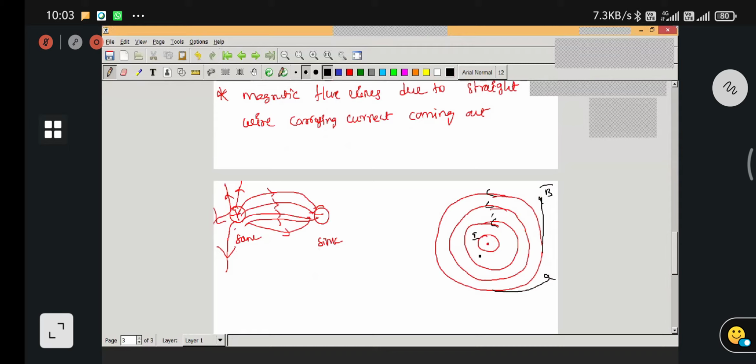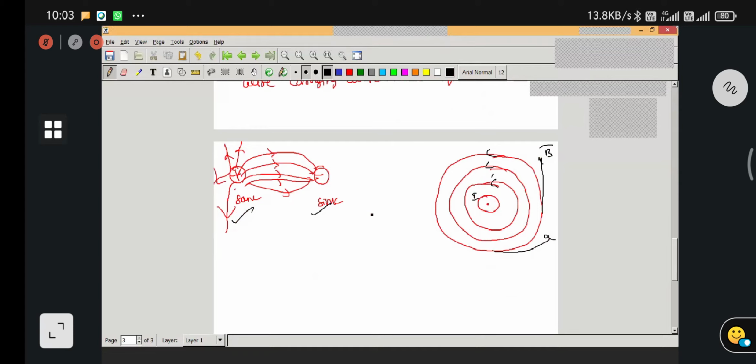In this, there is no beginning and there is no ending point. In electrostatics, there is a source and a sink. Note each flux line is closed.